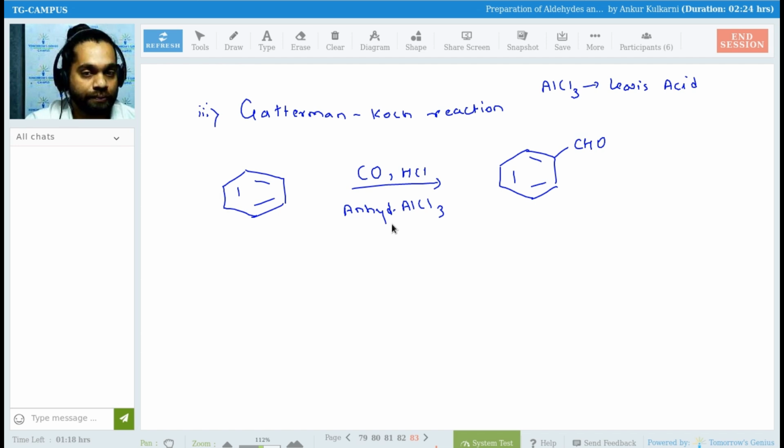But C does not make a double bond. Look over here, the structure is C triple bond O. Oxygen has used a lone pair, so oxygen is positive. C has an extra lone pair, that's why C is negative and it is stable.